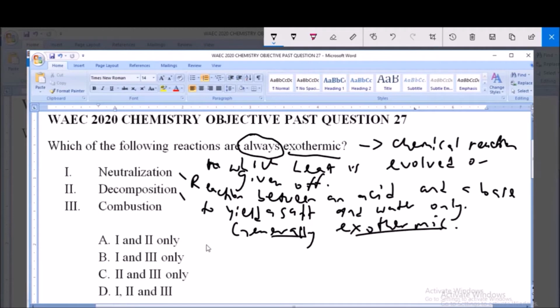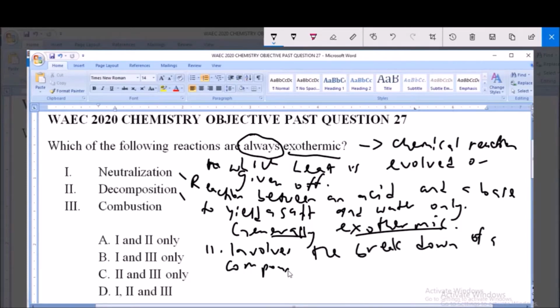So the second reaction, decomposition reaction, is a reaction that involves the breakdown of a compound into simpler substances. So you have a compound, let's use this template AB, is broken down into these simpler substances.